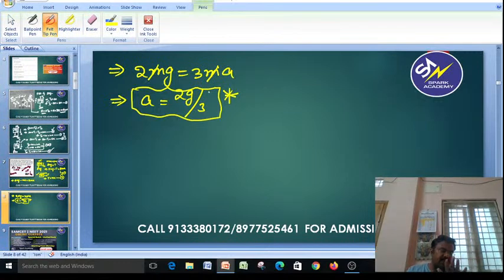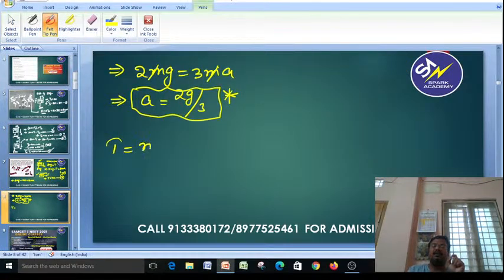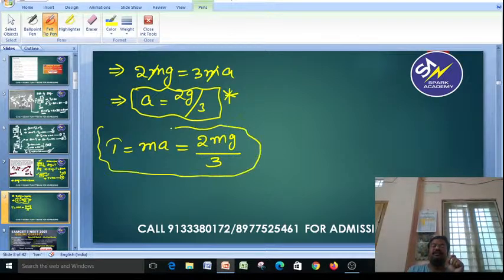That's why I took it like this. Then what about the tension in the string? Tension is mass into acceleration, so substituting, you will get 2mg divided by 3. This much tension exists in the string.